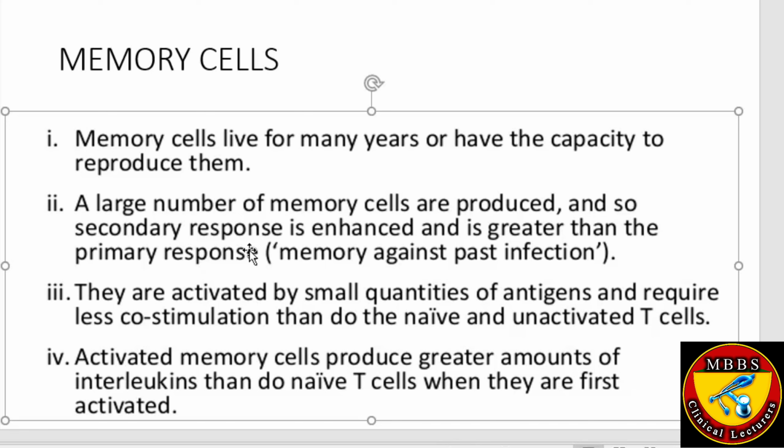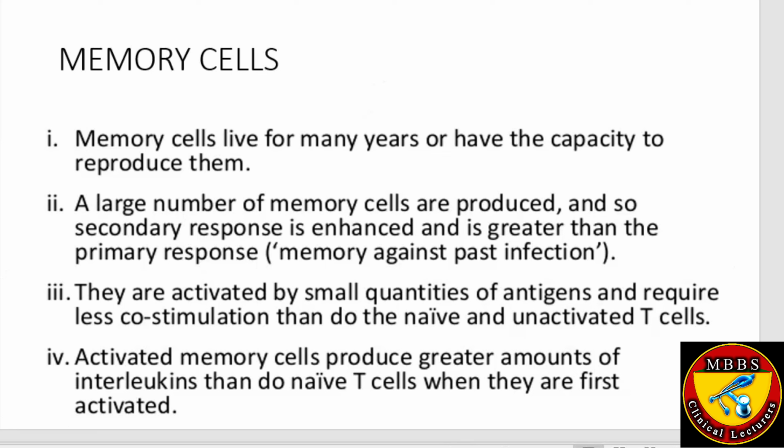Memory cells are activated by a smaller amount of antigen and require less co-stimulation than do the unactivated T cells. And the activated memory cells produce a greater amount of interleukin than do the unactivated T cells when they are first activated. So this is all about the memory T cells or memory B cells.